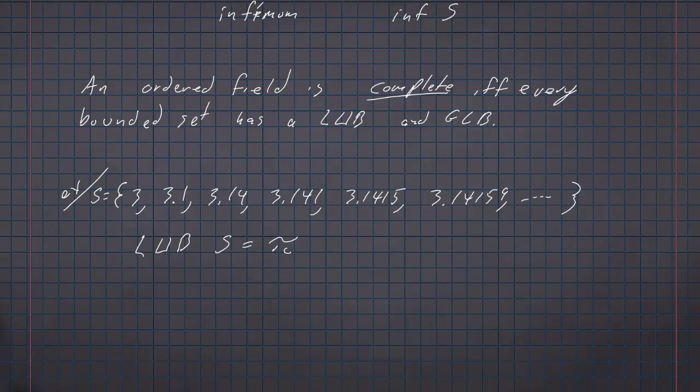So this example shows us that you can have a set entirely made of rational numbers, where the least upper bound of the set is an irrational number. And that's why the rational numbers are not complete. The real numbers we define as the completion of the rational numbers.